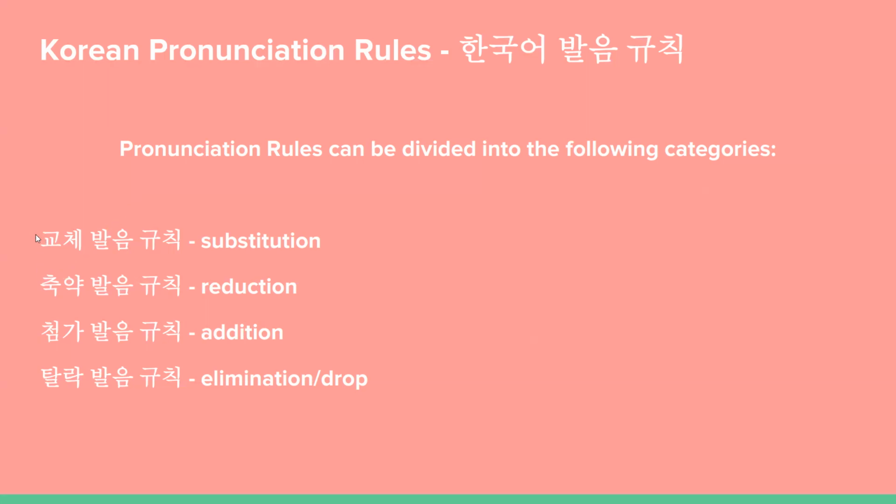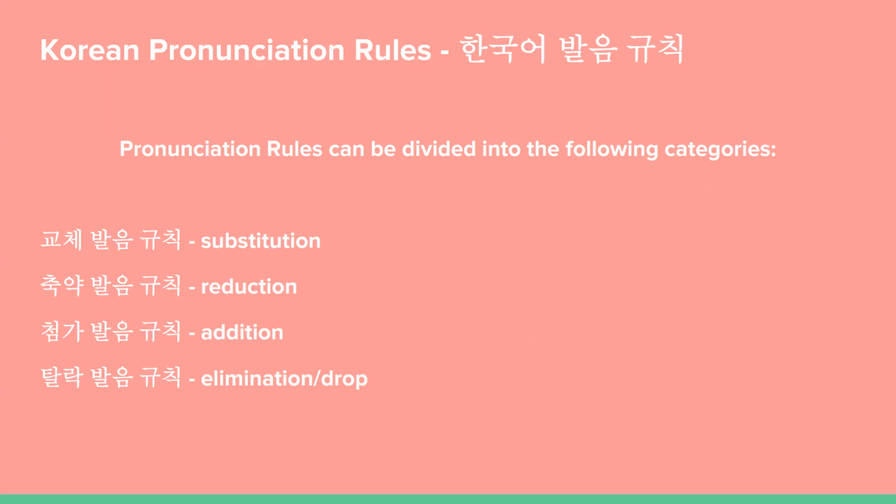And so the first one is 교체 발음 규칙, substitution. The second one is 축약 발음 규칙, reduction. The third one is 첨가 발음 규칙, addition. And number 4 is 탈락 발음 규칙, elimination or drop. You don't need to know their names, but knowing them will also help you to better distinguish those rules.